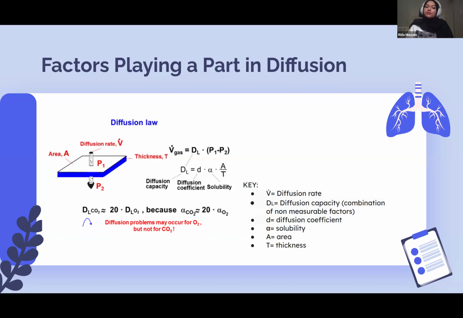Now, realistically speaking, you can't go up to a patient and cut them up and ask what's the thickness of your alveolus? So we have to assume these things. But this factor is really important in calculating. So we need to find a way to calculate it itself. But as I said, most of these quantities are unmeasurable. So how do we do that? By the way, I'll come back to this part later.